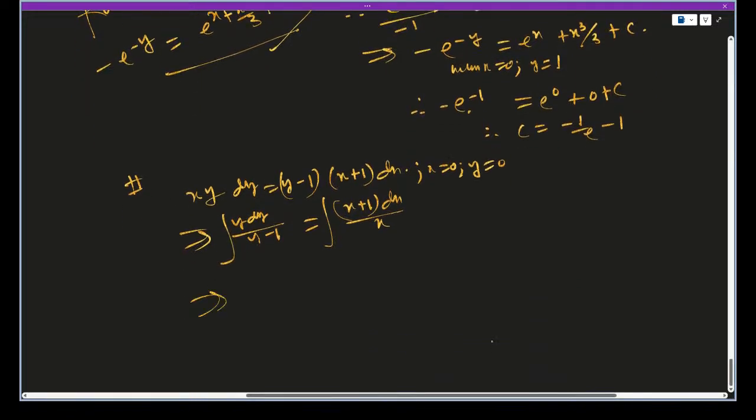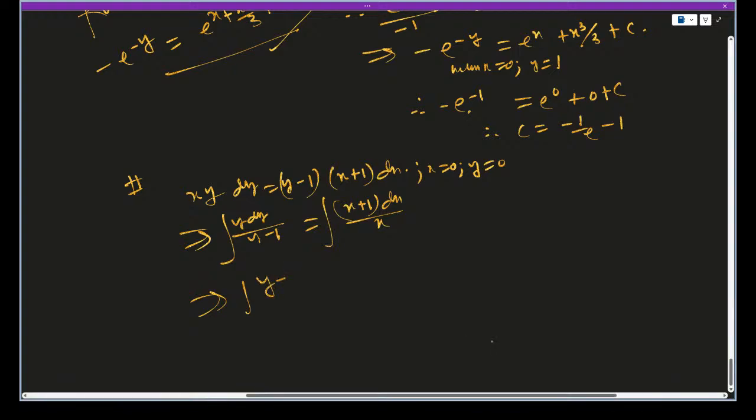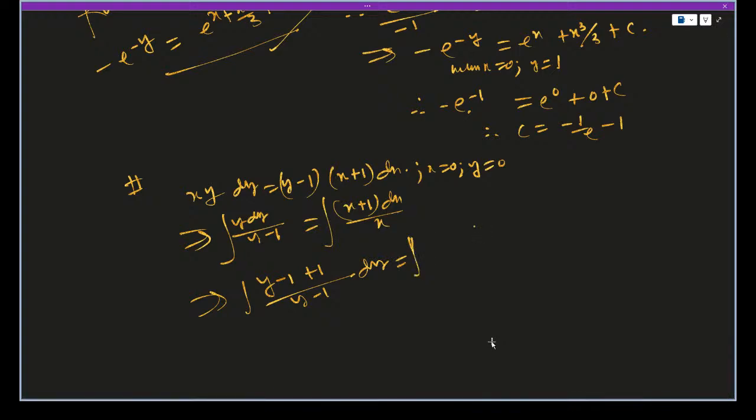Integrate. Y minus 1, this you write as, by one into dx.